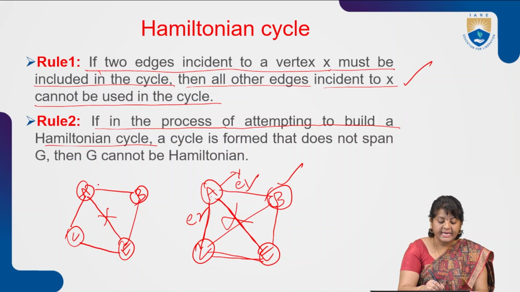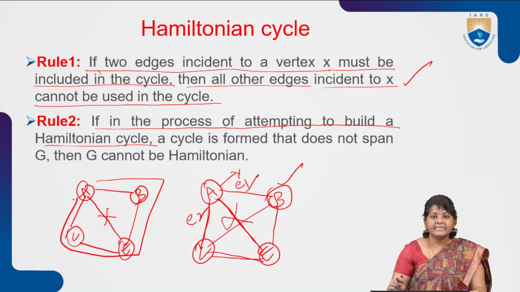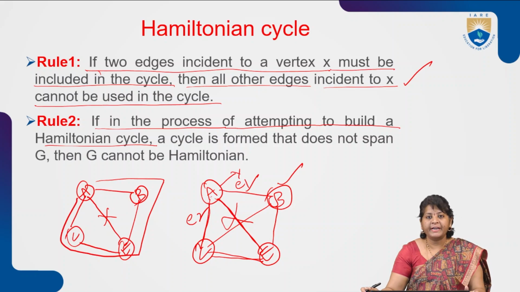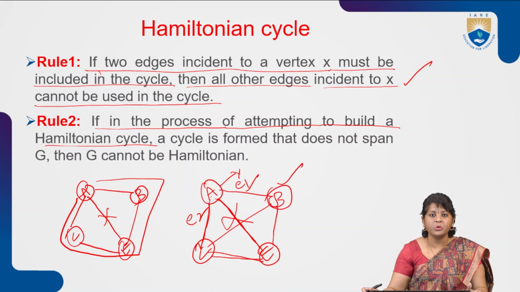So here is a Hamiltonian cycle: A to B, B to E, E to C and C to A. This is the correct possibility of finding the Hamiltonian cycle. Before visiting all vertices, we should not close the cycle. That is rule 2.